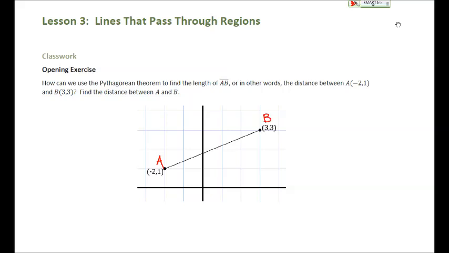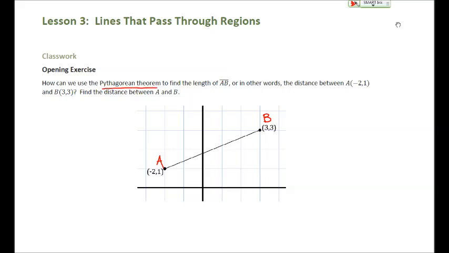Now, if the segment AB was horizontal or vertical, it'd be very easy for us to count coordinates. But segment AB is not horizontal or vertical. It's at an angle, at a slant. The hint given to us in this opening exercise is to use the Pythagorean Theorem to find the length AB.